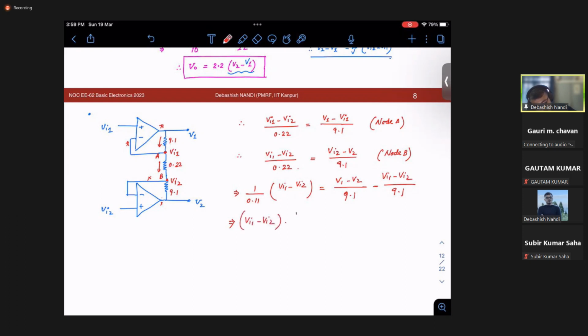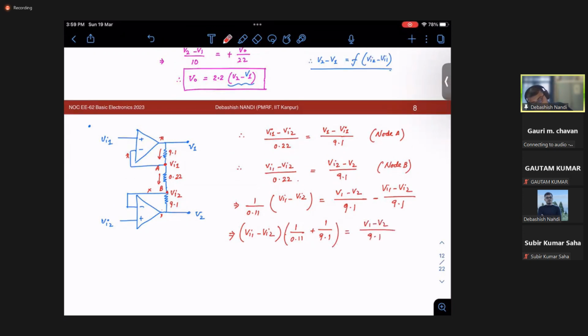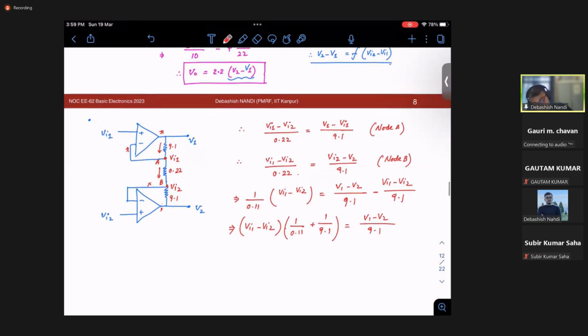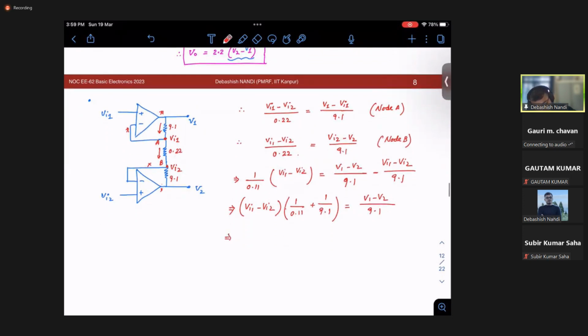What was my V1 minus V2? Vi1 minus Vi2 is nothing but 9.21 over 9.1 into 0.11 will be equal to, simply this is minus V naught over 2.2 into 9.1.